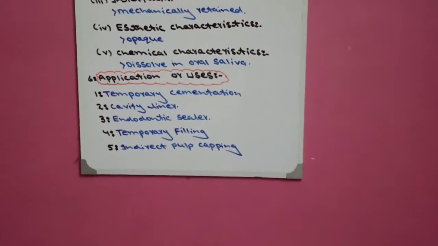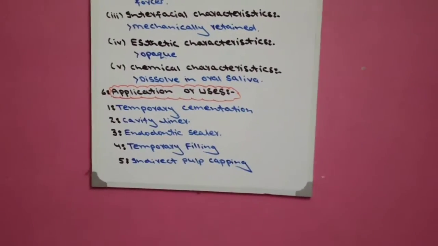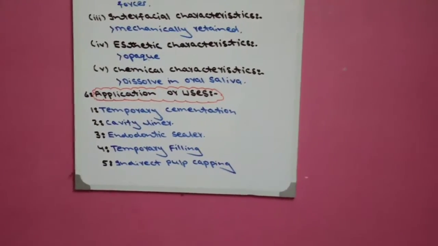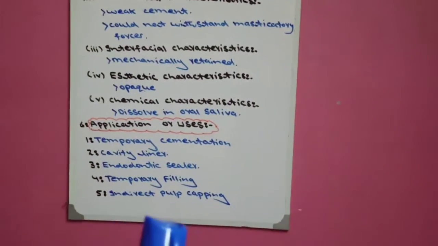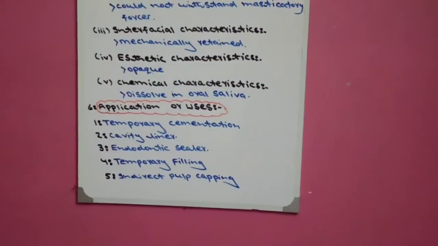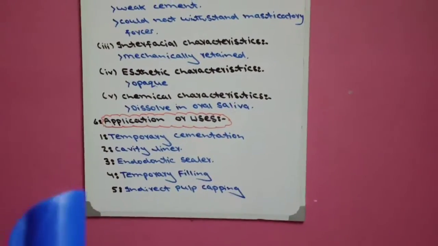Then when we use a material as a capping, this is known as indirect pulp capping, because between material and pulp there will be a small amount of dentin. As an indirect pulp capping we use zinc oxide eugenol, but as a direct pulp capping we use calcium hydroxide to form reparative or tertiary dentin. Why do we not use zinc oxide eugenol as a direct pulp capping? Because it is a tissue irritant.